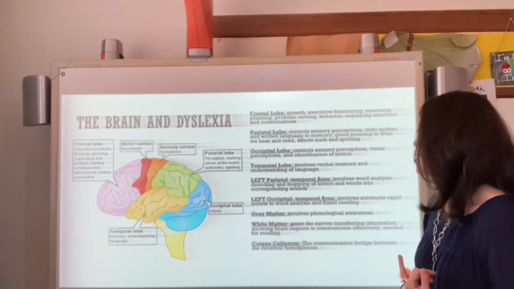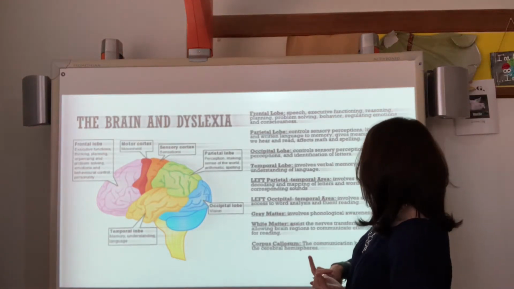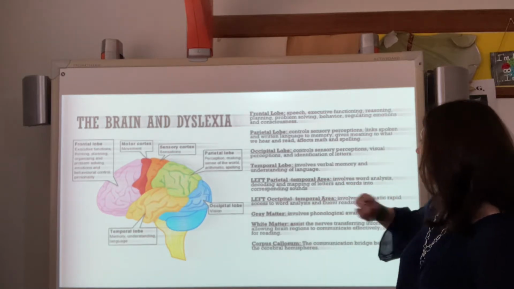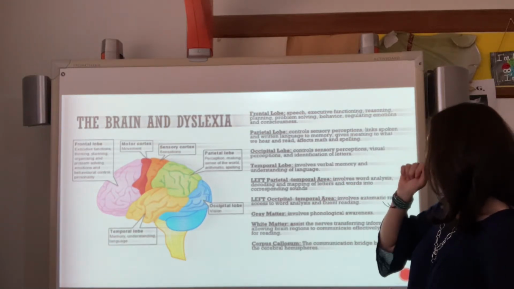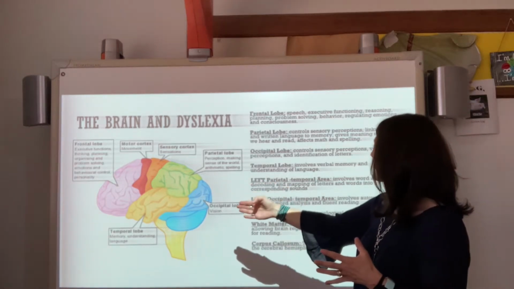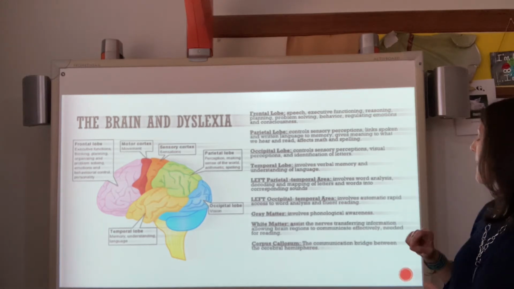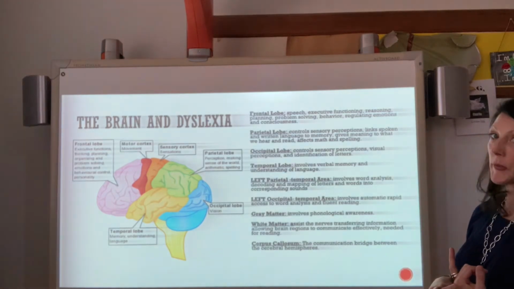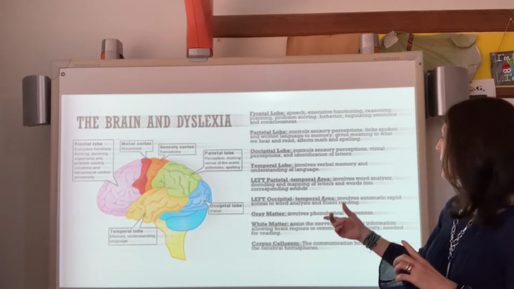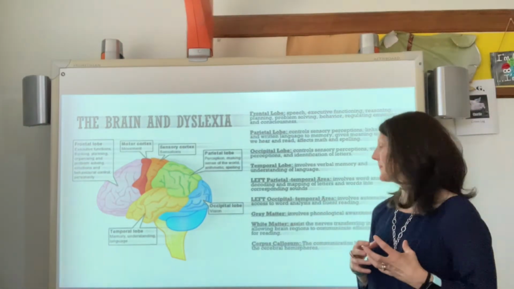The left parietal-temporal area involves word analysis, decoding, and mapping of letters and words into corresponding sounds. And the left occipital-temporal area involves automatic rapid access to word analysis and fluent reading. The gray matter involves phonological awareness.